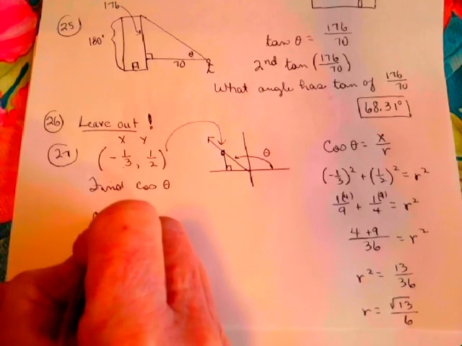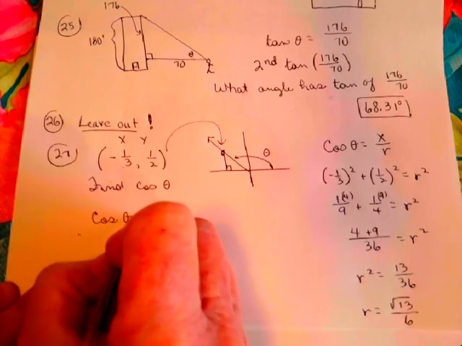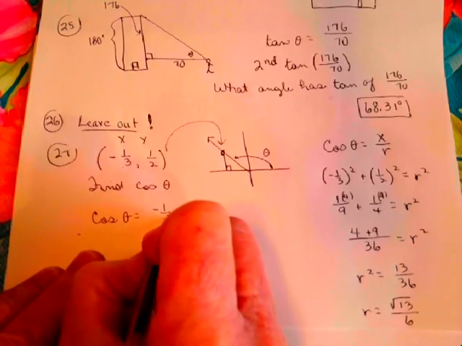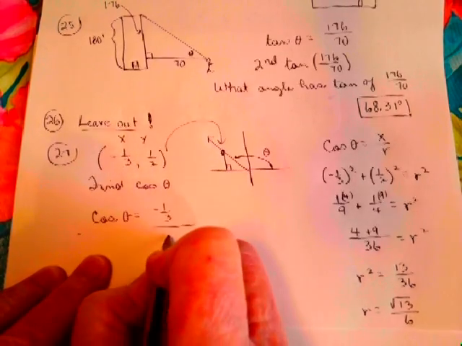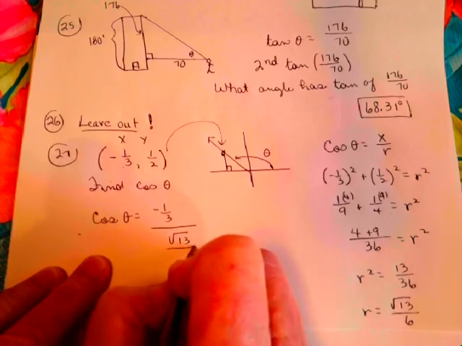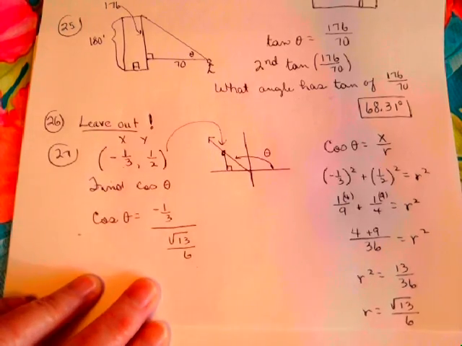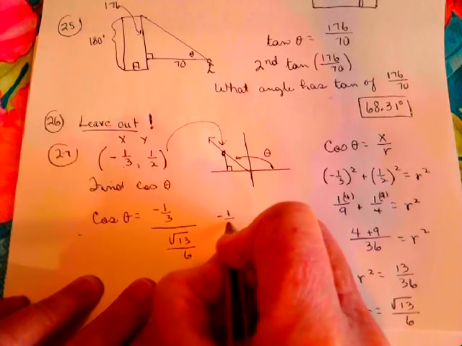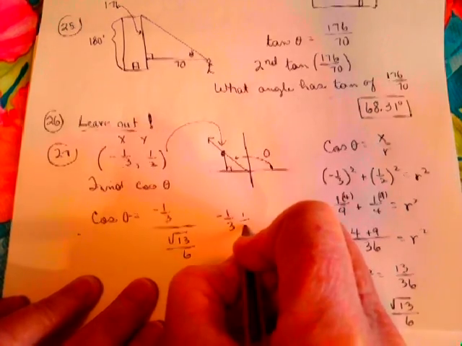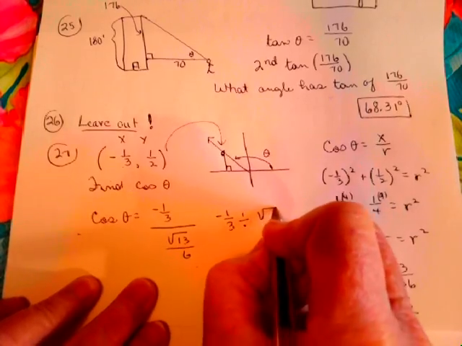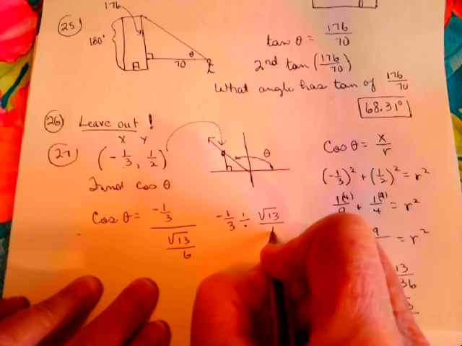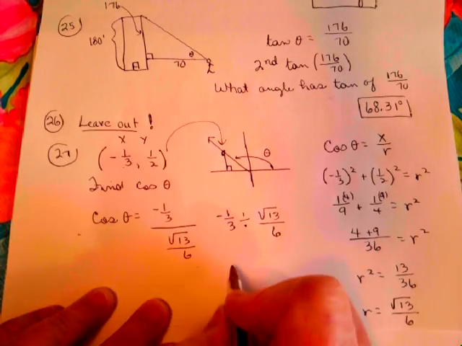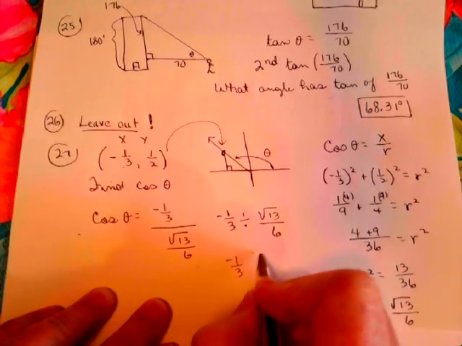Now, cosine of theta equals x, which is negative 1/3, over the square root of 13 over 6. It's a little easier to see this if you rewrite this as division. You know, when you're dividing by a fraction, you invert and multiply.